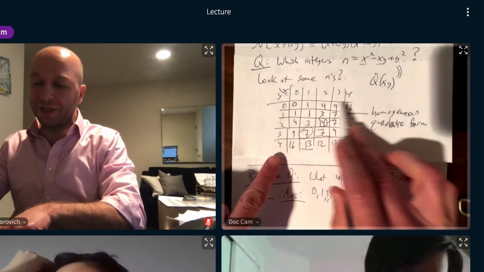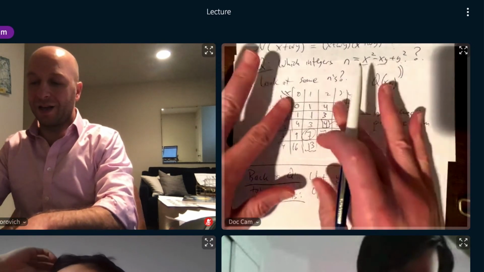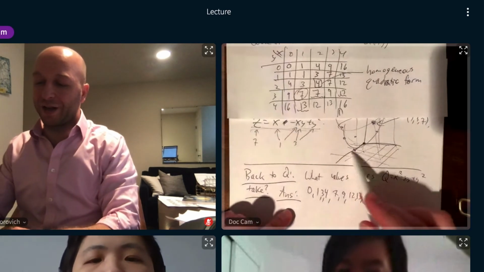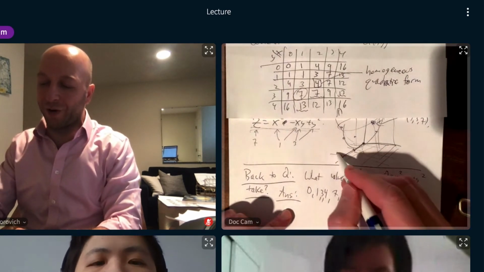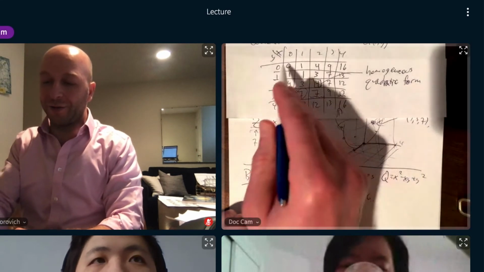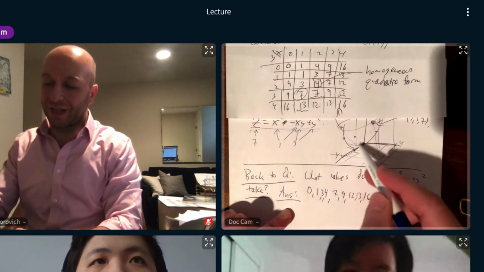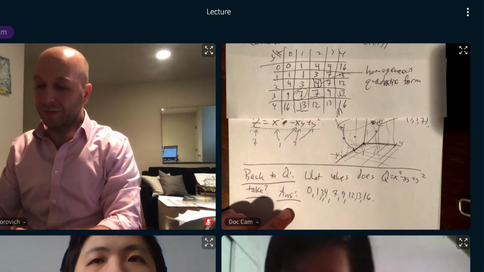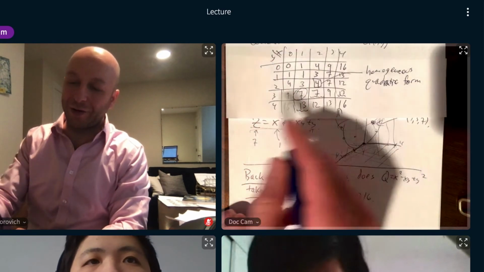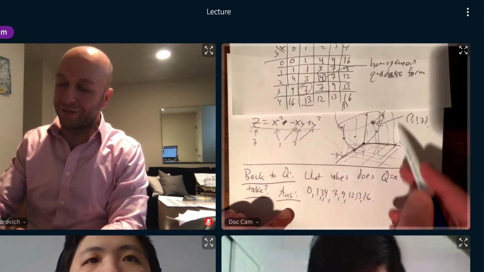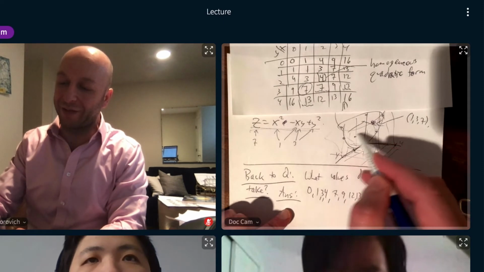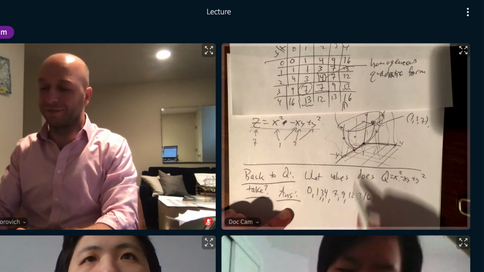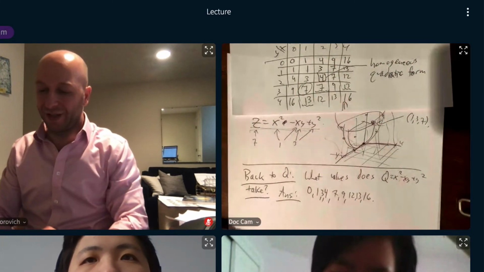And you can already see here why this thing is a surface. We're plotting the 4 by 4 corner of it, and the values start out small and they get larger and larger. And if we took negative values, we would get the back half of this. We're only seeing this bit of the surface.